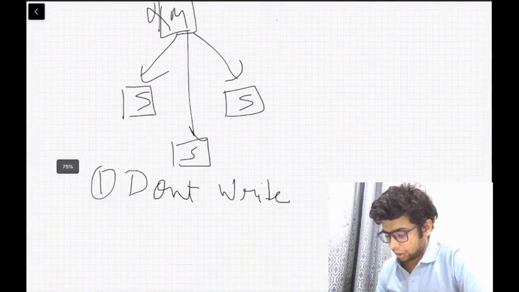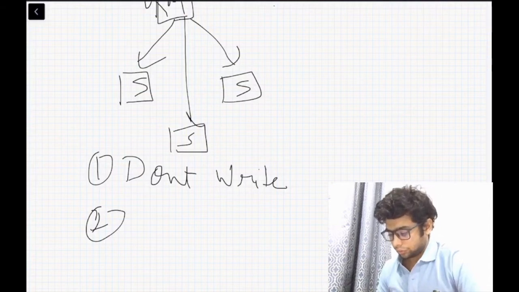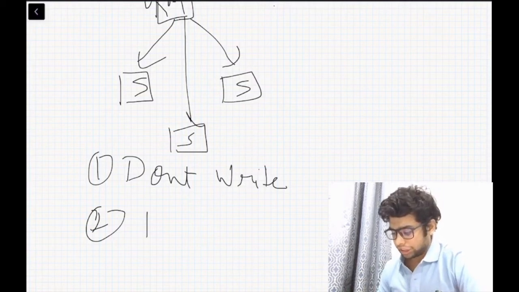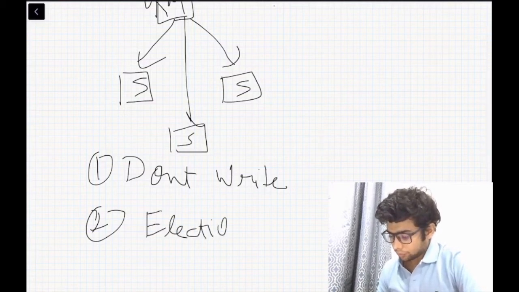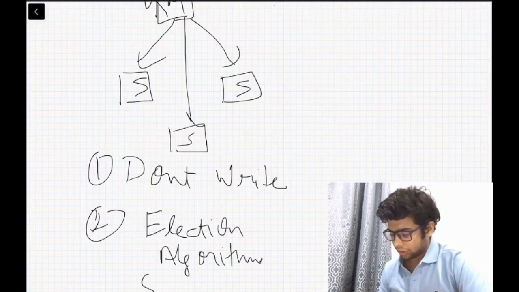Second is that when one master fails, we elect another leader. To elect a leader, we need an election. In computer science, election algorithms are used, and with these election algorithms, a slave is converted to a master.